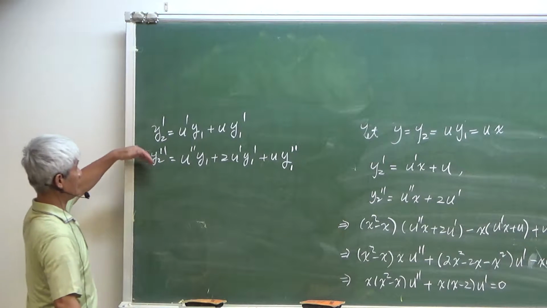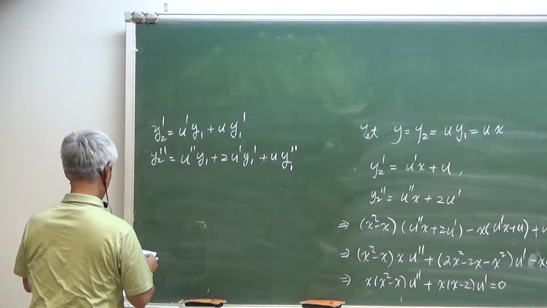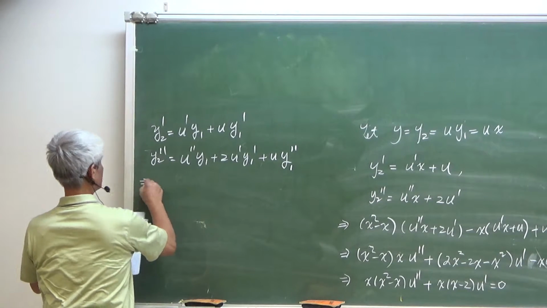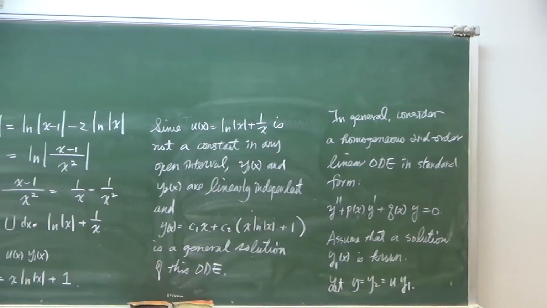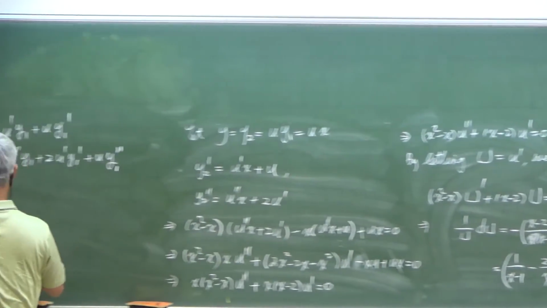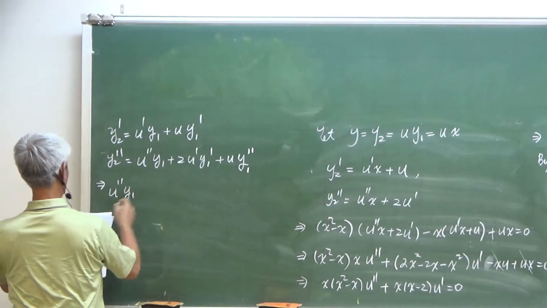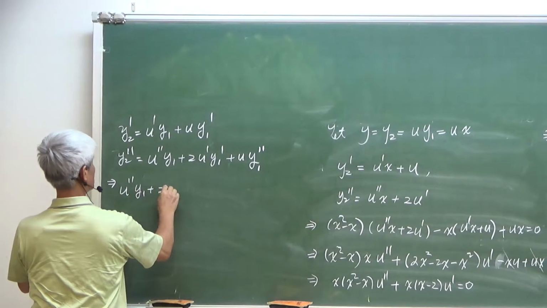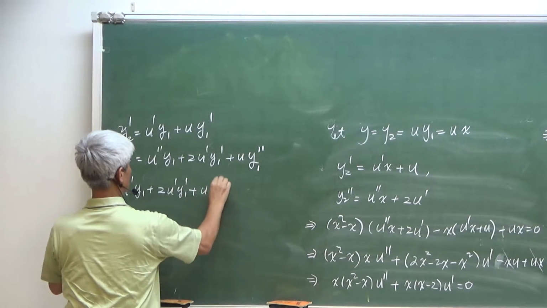It's just a standard product rule, right? And then you do the substitution into this standard form. So you have u double prime y1 plus 2u prime y1 prime plus u y1 double prime.